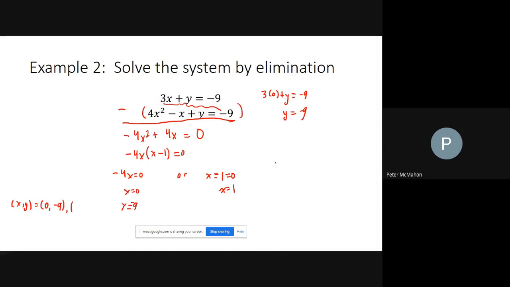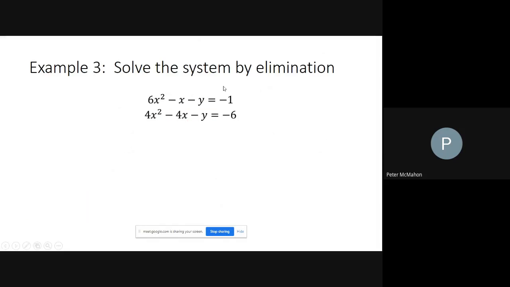If I plug in a 1 here, 3 times 1 plus y equals negative 9. Subtract 3, y equals negative 12. And 1, negative 12 is our other solution. There's our solution for this system. No matter how we did it, by elimination or by substitution, we got the same answer.